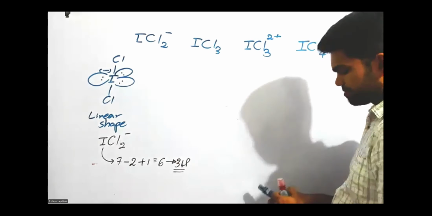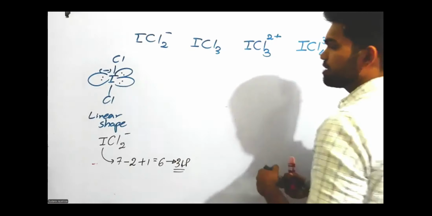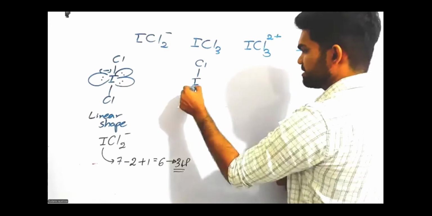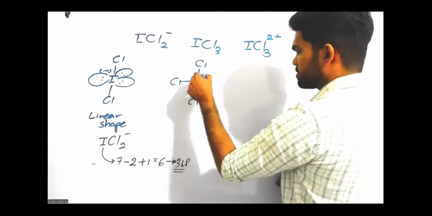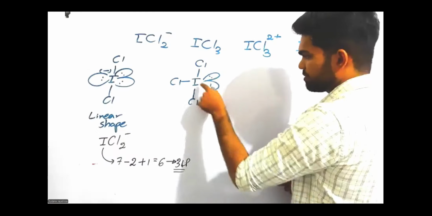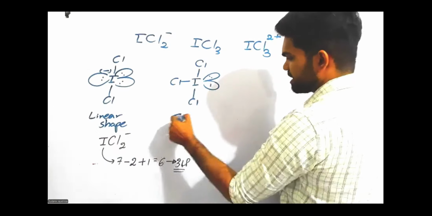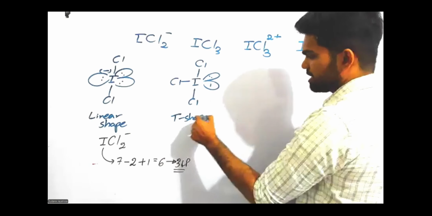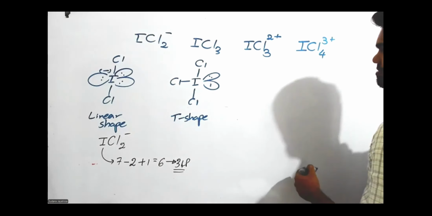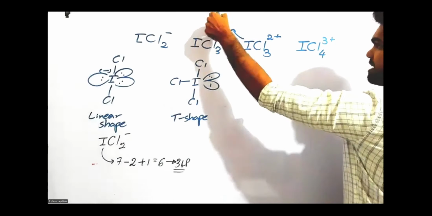If you apply the same principle for ICl3, it's going to be like this. 1, 2, 3, 4, 5, 6, 7. So this is T shape. And then ICl3 2 plus. It has 7 electrons.